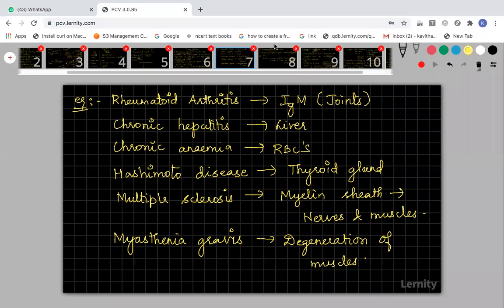Ma, these autoimmune disorders are very important. Please note down properly.